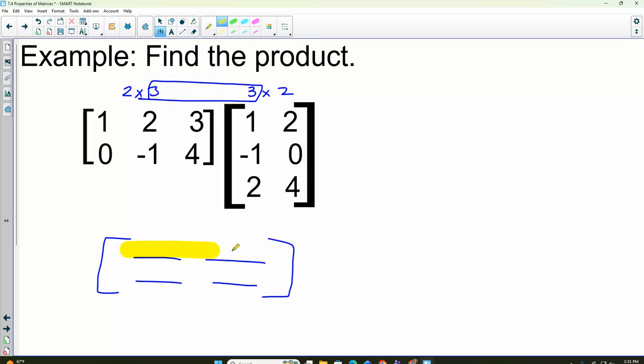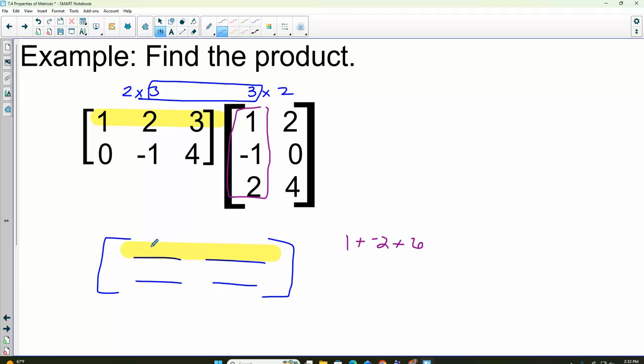Okay. To get the first row, we use our first row. Multiply it by our columns. So 1 times 1 is 1. 2 times negative 1 is negative 2. 3 times 2 is 6.